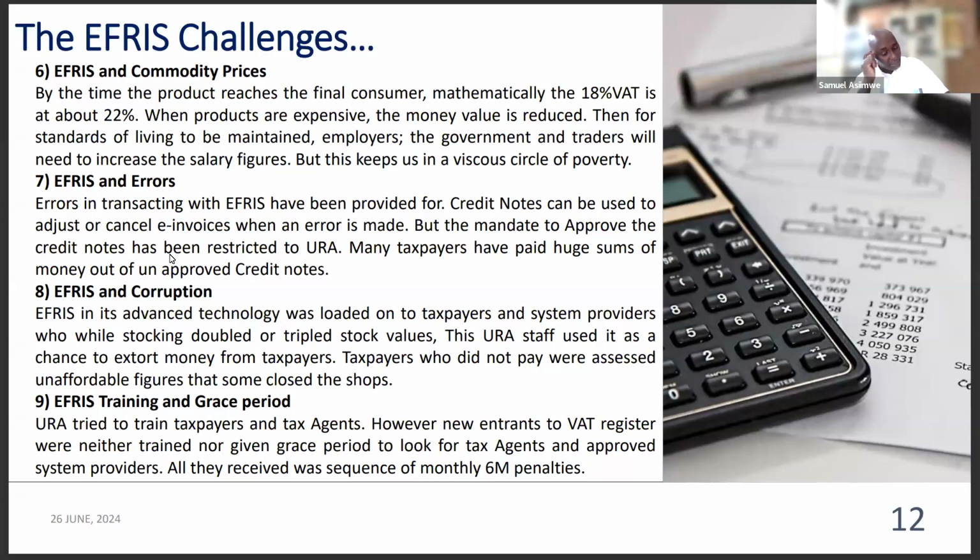Because you are supposed to be given time to look for a competent accountant to handle your records, to handle tax matters, to look for a tax agent, or even to look for the approved system provider. As I said, these system providers are approved by URA.